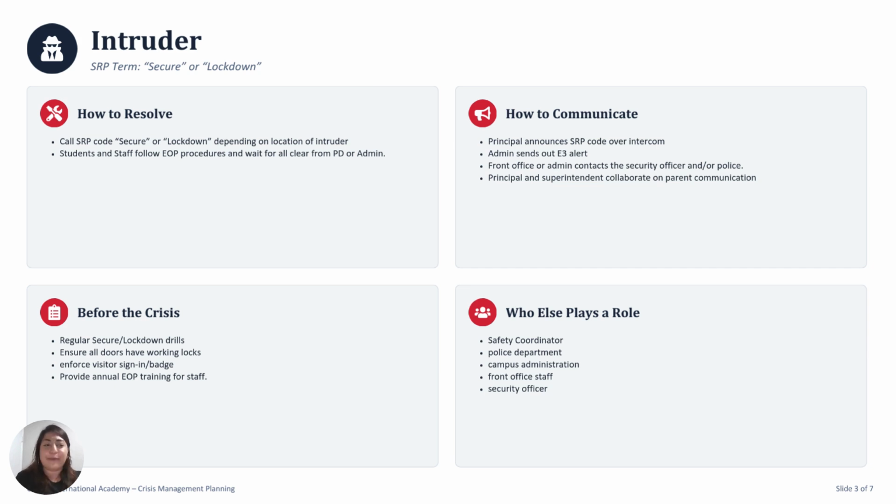Because I know that something a little bit hard to understand is the things that are out of our control, right? The things that other people are responsible for. So I want to assure you that we are also taking our own precautionary steps to make sure you're safe. And of course, a lot of people play parts in this role. We have the safety coordinator, the police department, the campus administration, the front office staff, and our security officer.